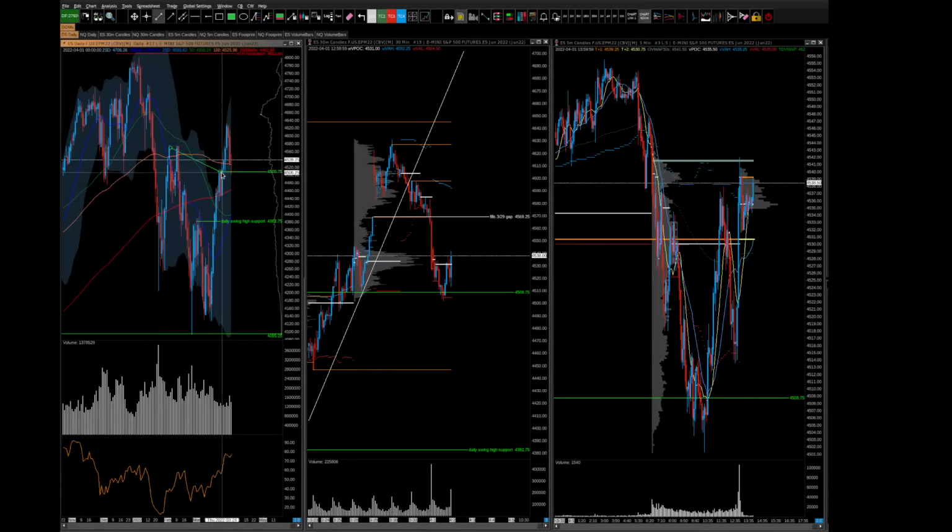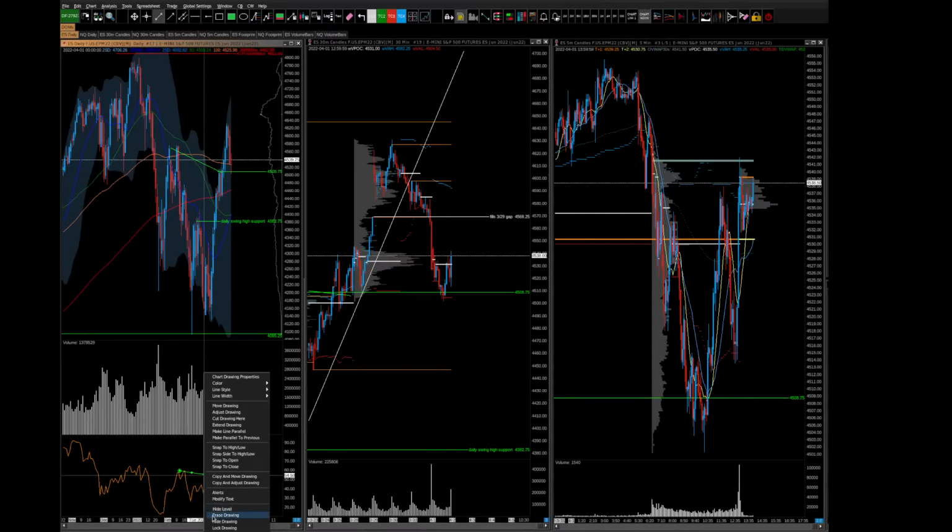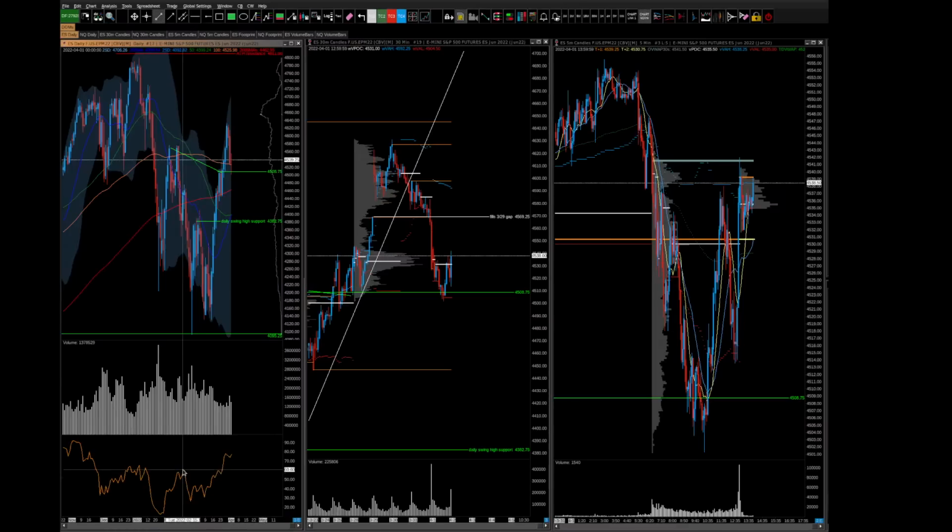And RSI was slanting, the highs here were lower than the highs here. So we line it up, and the highs here were lower. Oh, well, no, that's wrong. Sorry. I'm going to make myself look stupid. It doesn't take much.